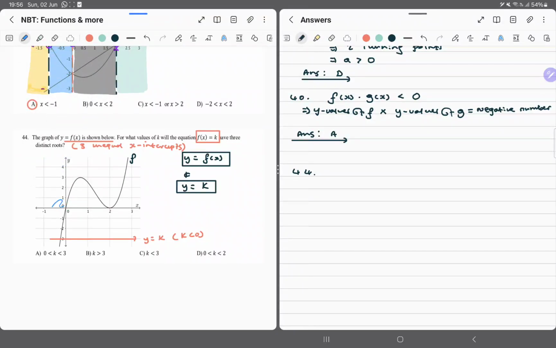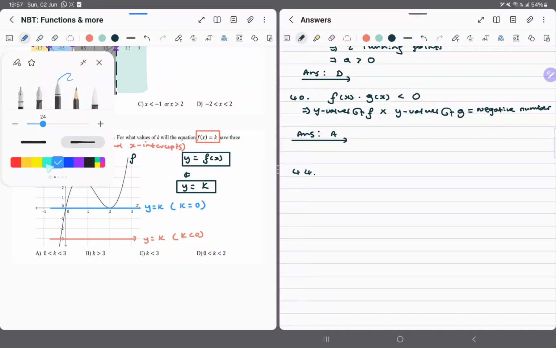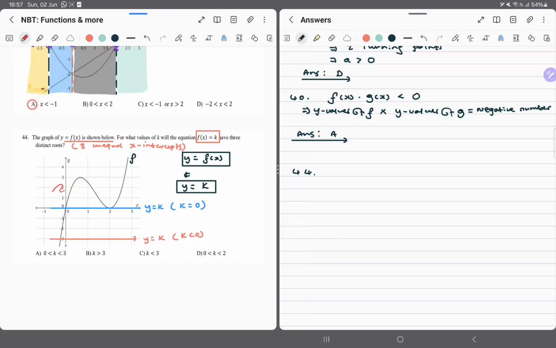The other very important area to focus on is along the x-axis. So this is still the line y equals k. This is where k is equal to 0. We can think of a situation where we draw this line over here. This is the line y equals k.